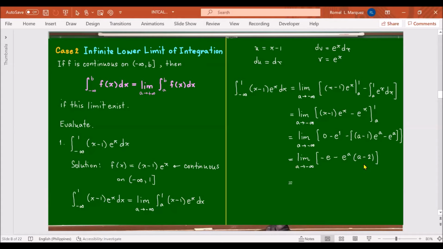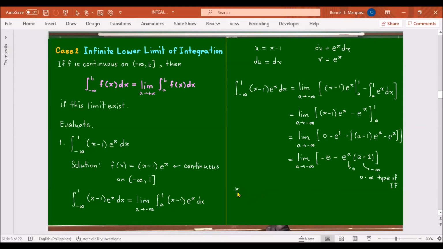Therefore, we have a 0 times infinity type of indeterminate form. So let's evaluate this limit.